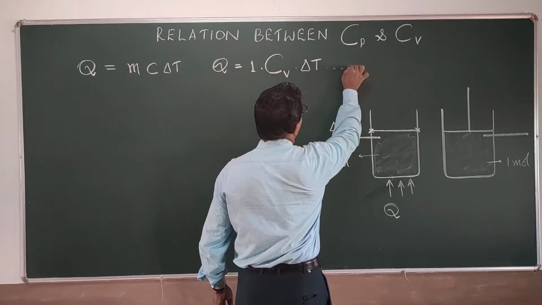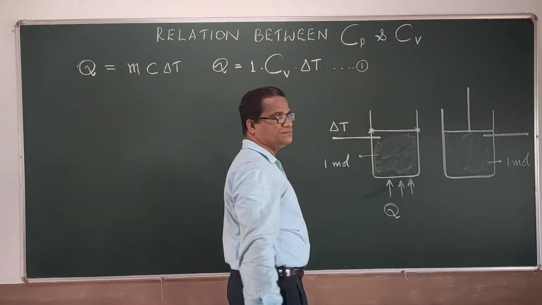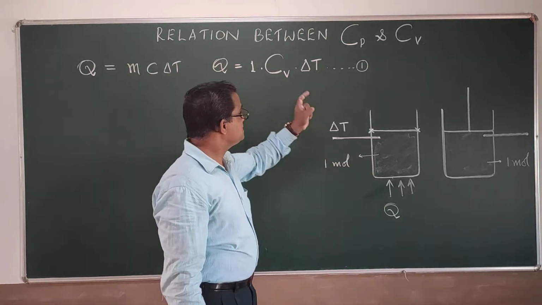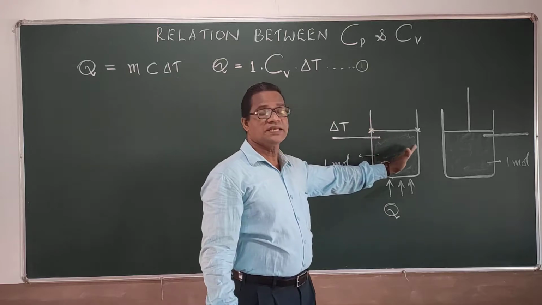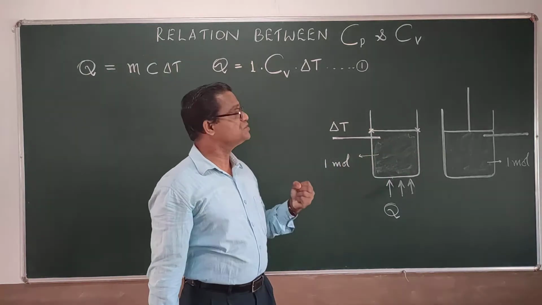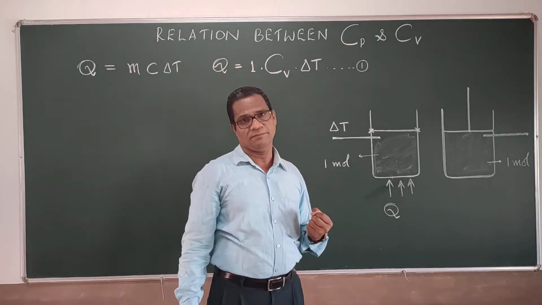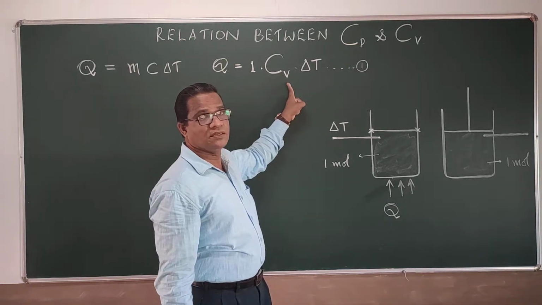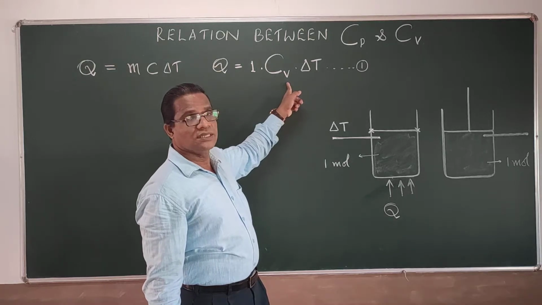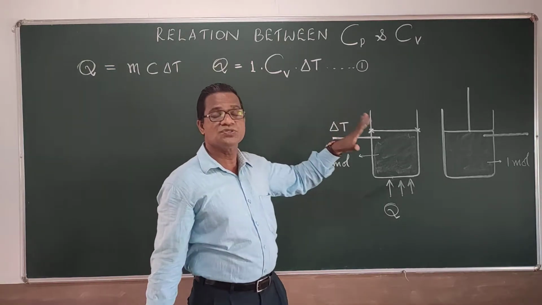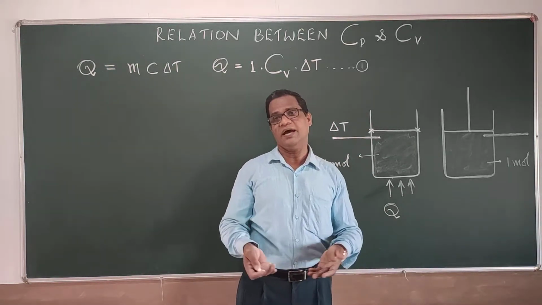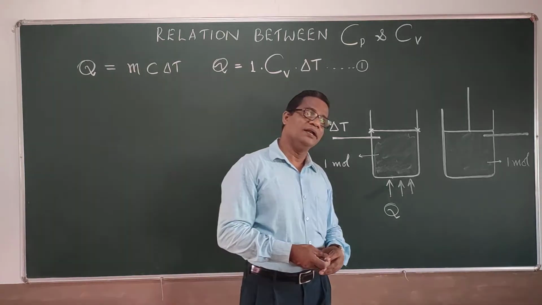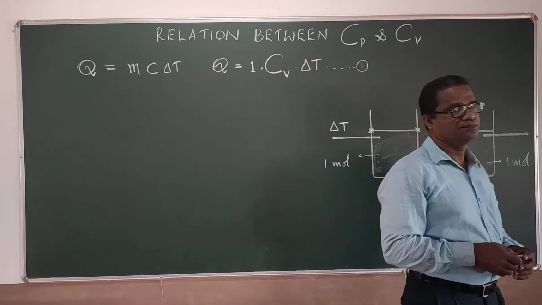So this is equation 1. Here I am writing Cv because the gas is heated under constant volume, therefore the constant volume specific heat comes. And when it comes, the heat energy given to the system is used up only in heating the gas, that is to increase the internal energy of the gas.